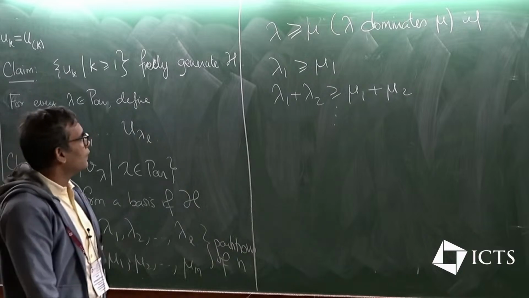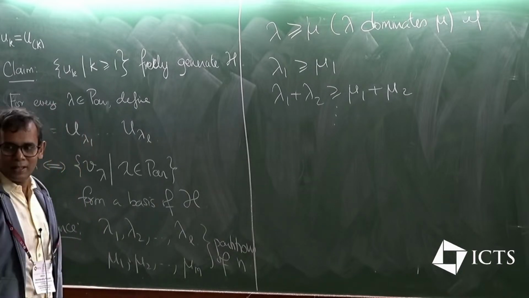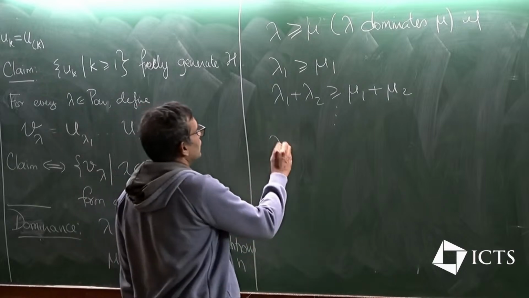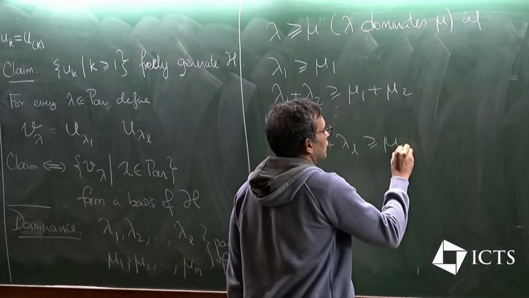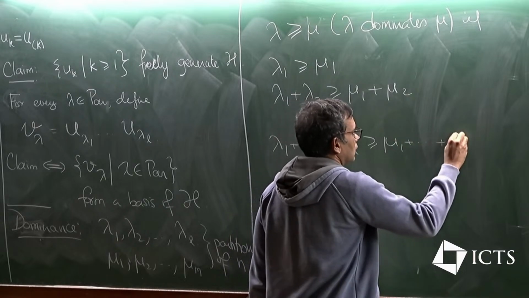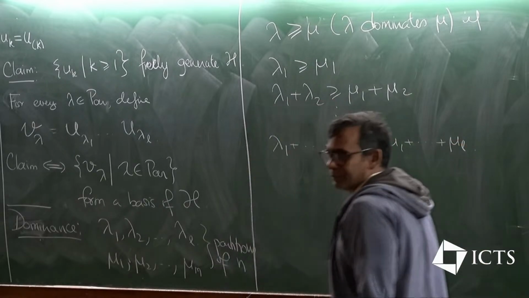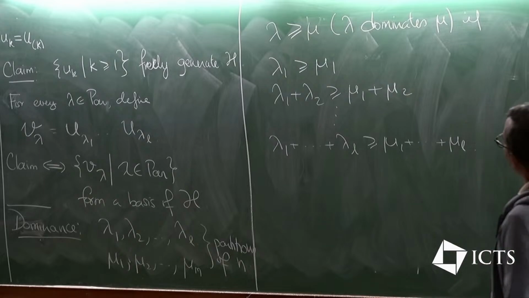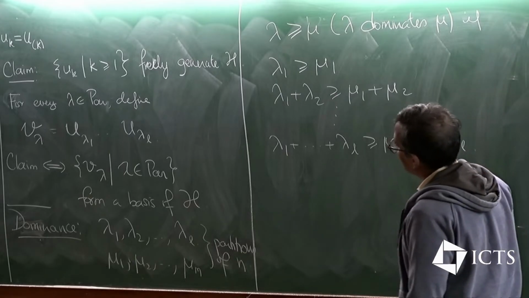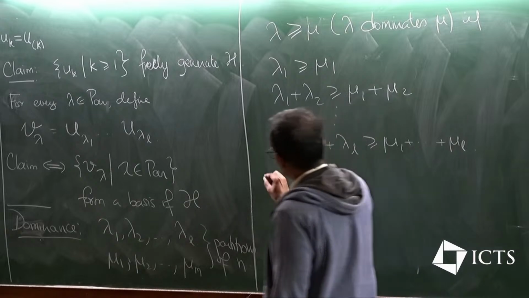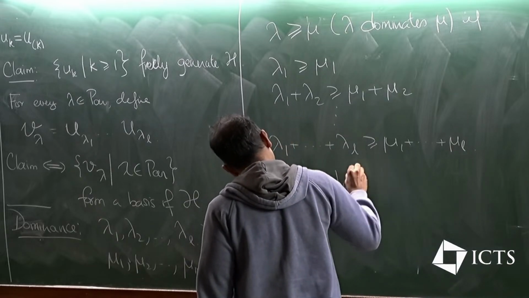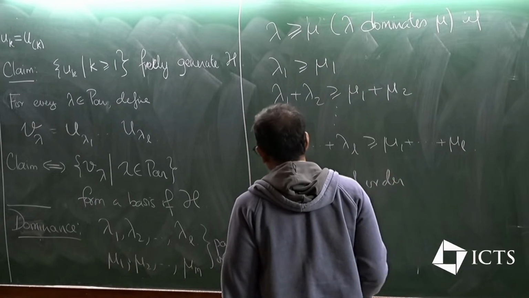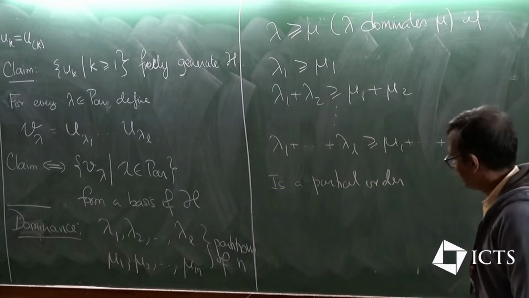The first one to run out should be lambda, I guess, because they are partitions of the same integer. And this you can easily see is a partial order on partitions of n for each n.